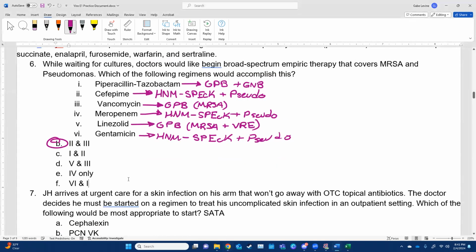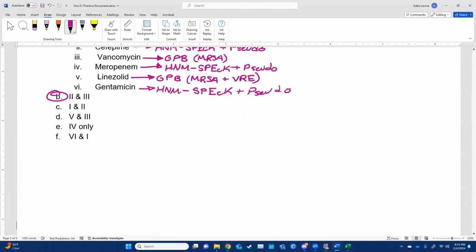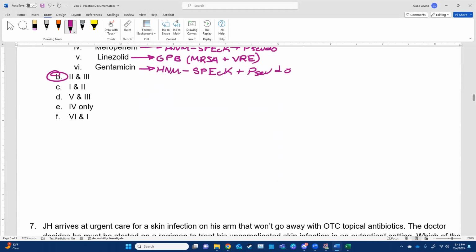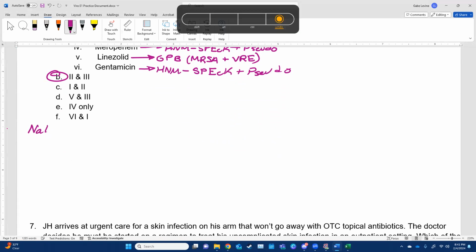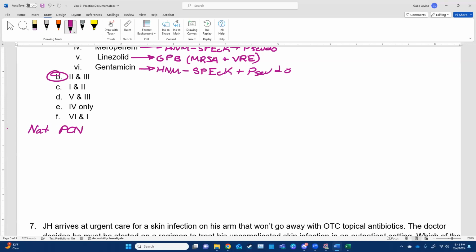So let's talk through a couple of these different drugs. I want to talk about the penicillins real quick. When we look at natural penicillins, like penicillin VK, benzathine penicillin, penicillin G, stuff like that, what's one of the big characteristics of penicillins that we have to be really careful about when we administer them?